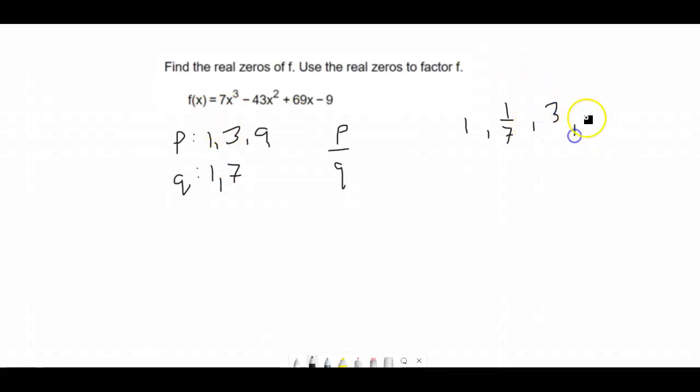And 3 over 7 is just 3/7. And finally, the 9. 9 over 1 is 9. And 9 over 7 is 9/7. Okay. So now that I've done this, these are all, remember, plus or minus. So we've got to look at both the positive and the negative of each one of these values.